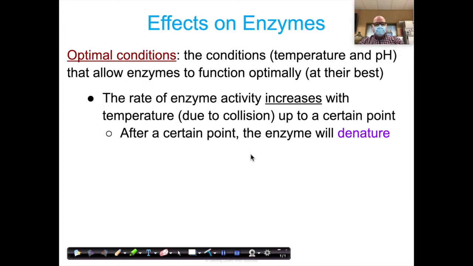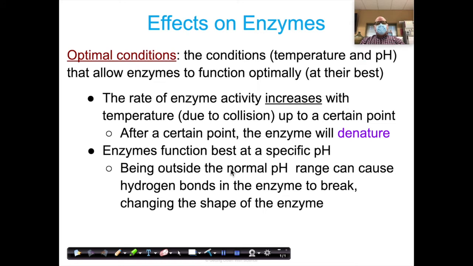Enzymes work best at specific Goldilocks pHs, okay? Anything outside of that can cause the hydrogen bonds in the enzyme to break, and that's going to definitely change its shape. And once it changes its shape and function, they just don't work too well together.